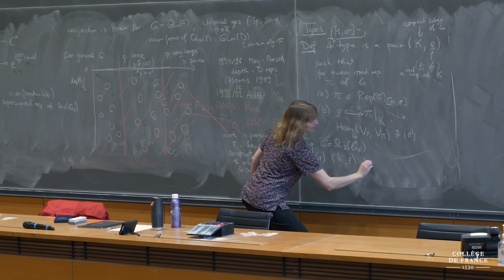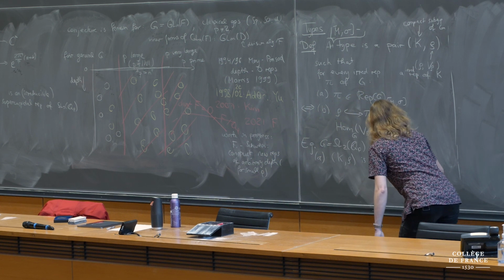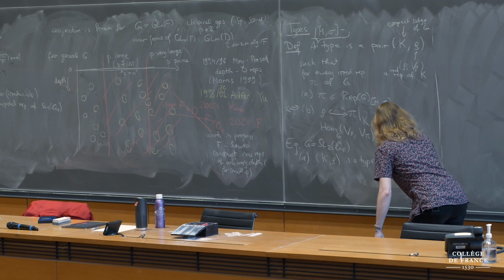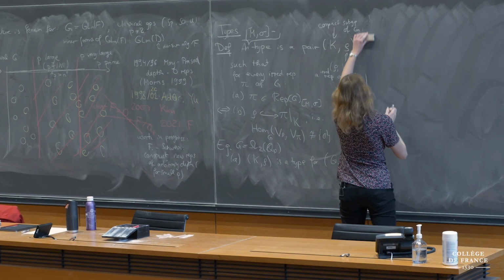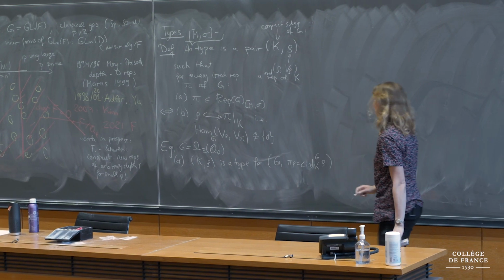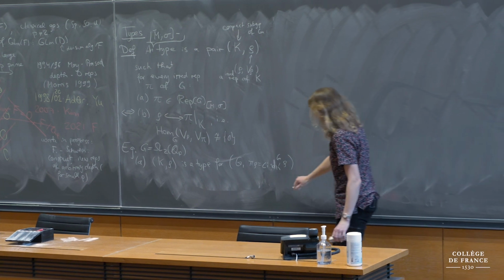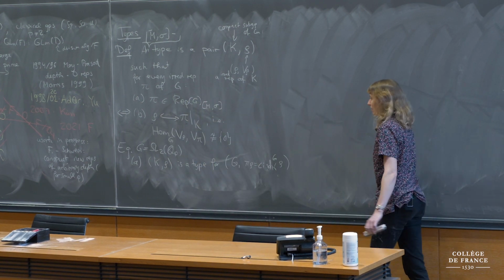So K, rho is a type for the group G together with the representation pi rho, which is just the compact induction from K to G of rho. So if we have a compactly induced representation, the inducing datum is just the type for it.